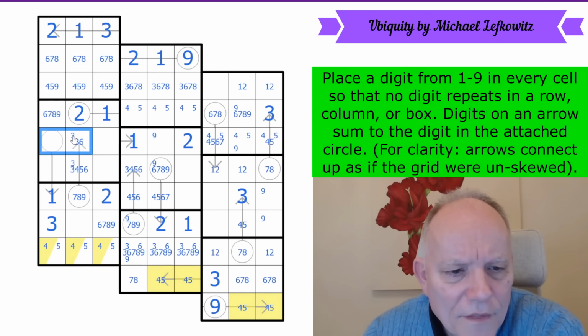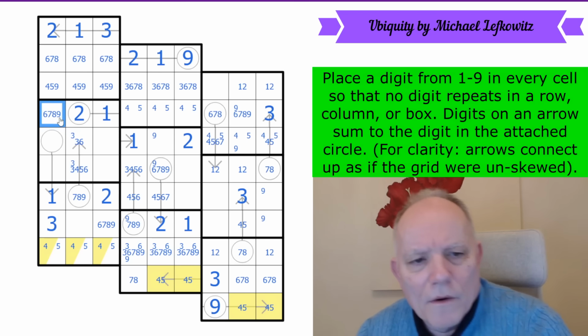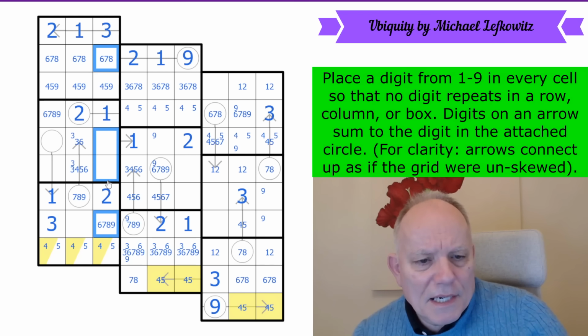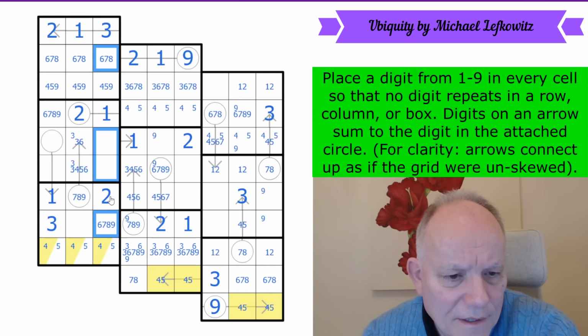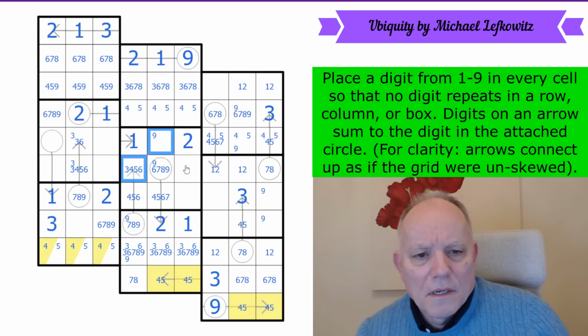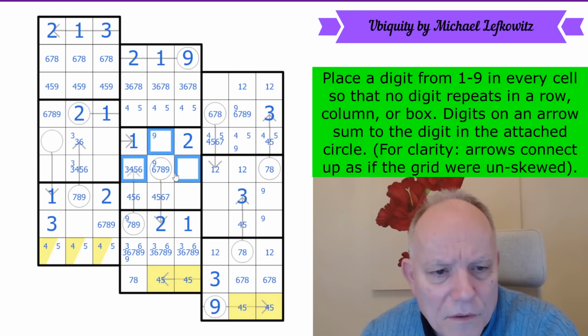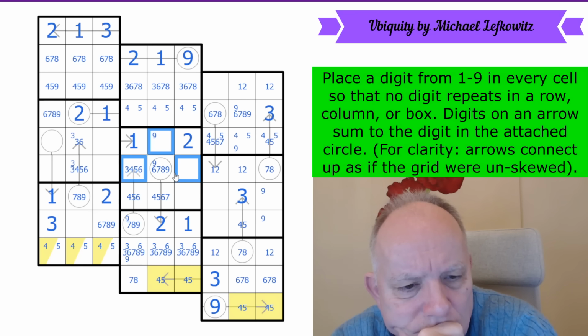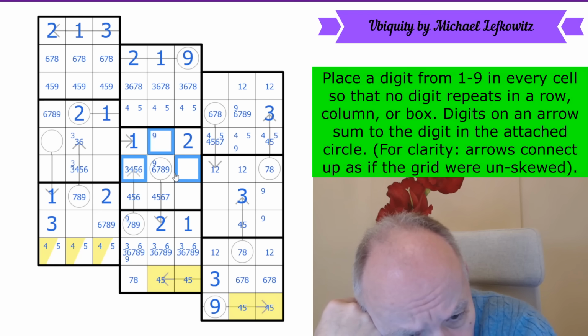That does leave... This would be a 3, 4, 5, 6 quad, though, and these would be a 7, 8, 9 triple. Then we'd get a 6, 7, 8, 9 quad here. Oh, do I know where 3 goes in this box? I think I've got those cells available, but maybe I know more than that. No, maybe I don't.